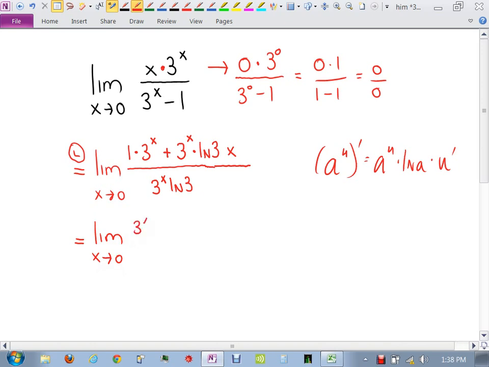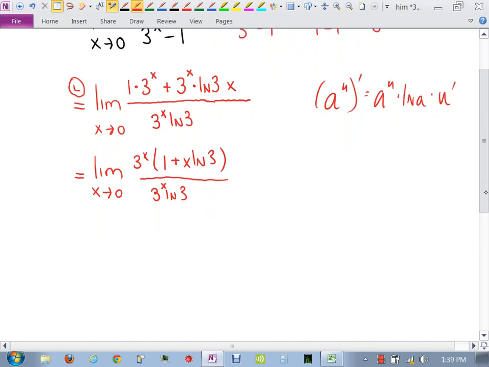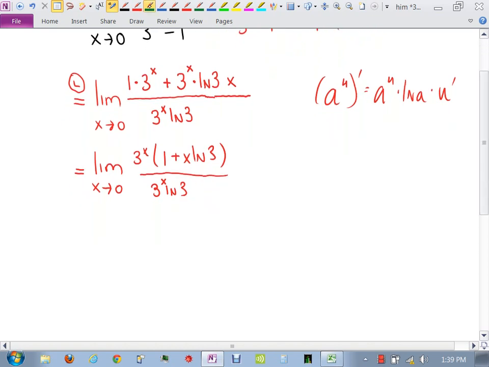I could actually factor 3 to the x out of the numerator. Y'all agree? And you can cancel it. Now, it turns out I didn't need to do that because it would have worked anyway, but that's where my instinct took me.